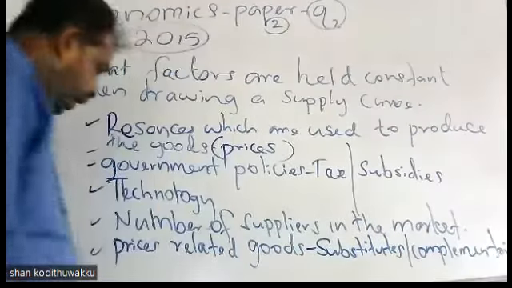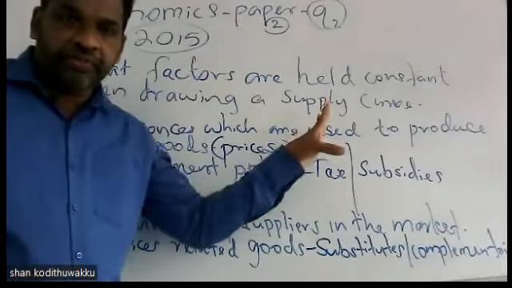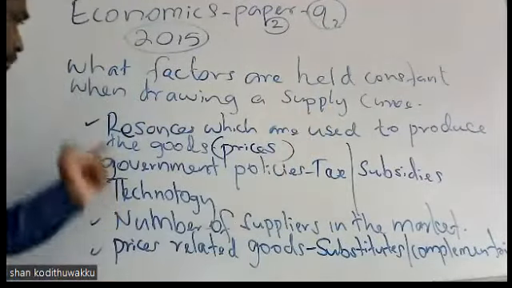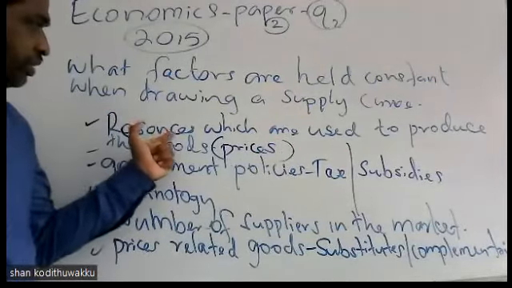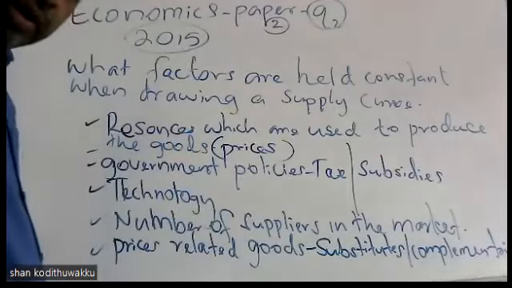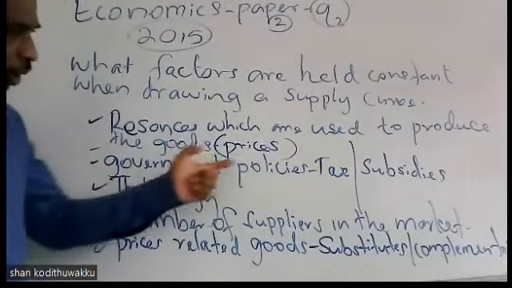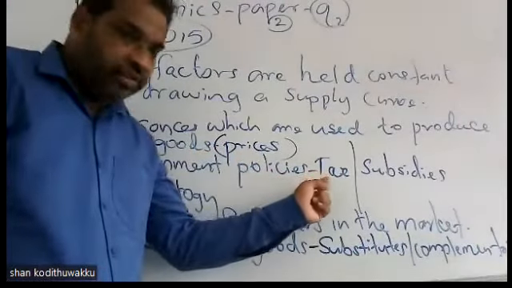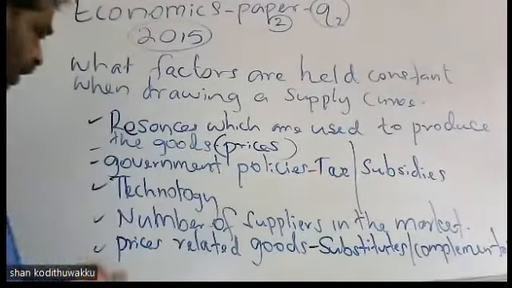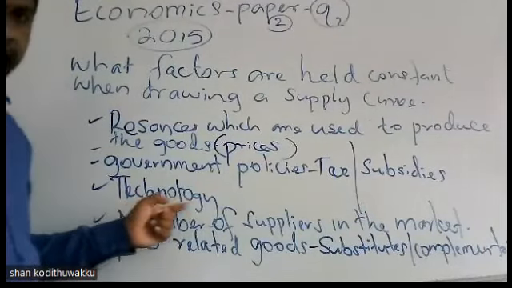Right? Then, what are the factors which are held constant when you draw the supply curve? Number one, prices of resources which are used to produce the goods and services. Then, government policies, for example, taxation policies and subsidies. Technology also is held constant.